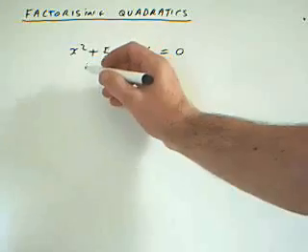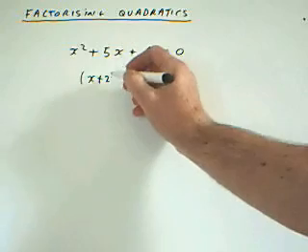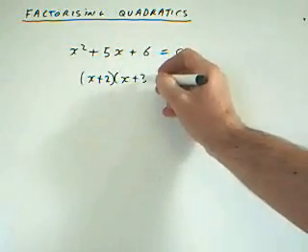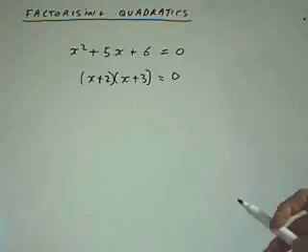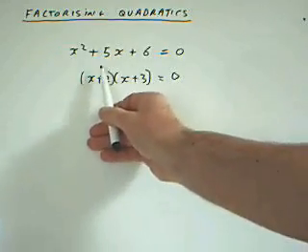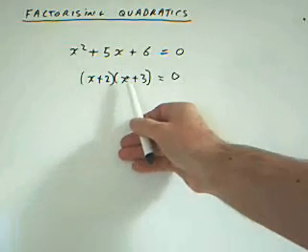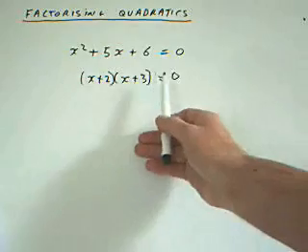We saw that this factorised to x plus 2, x plus 3. But now it equals 0. Now for any number to equal 0, when its factors involved like this, either that bracket must be 0 or that bracket must be 0, because 0 times anything will be 0.